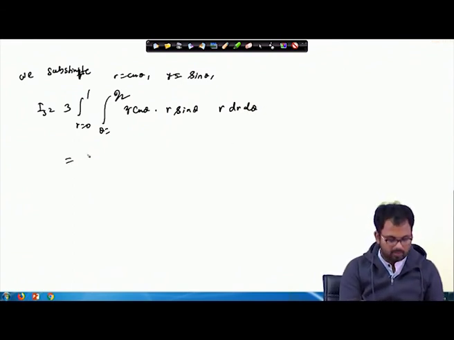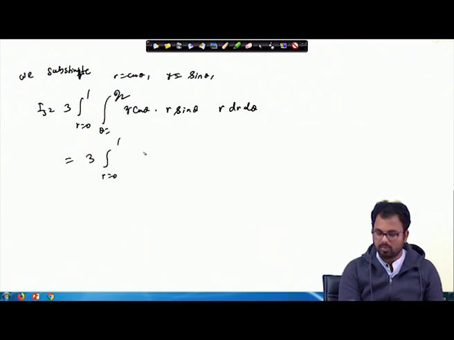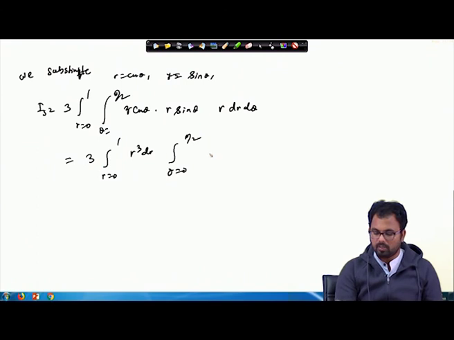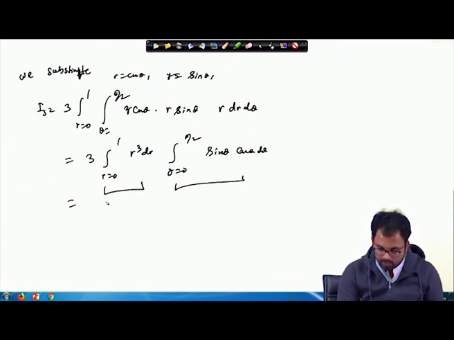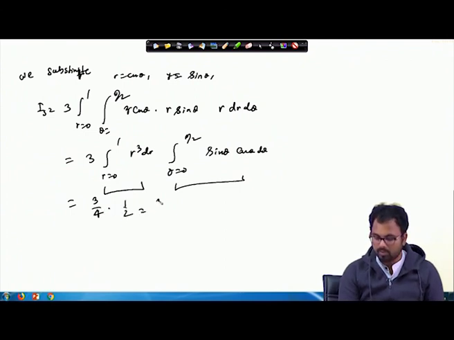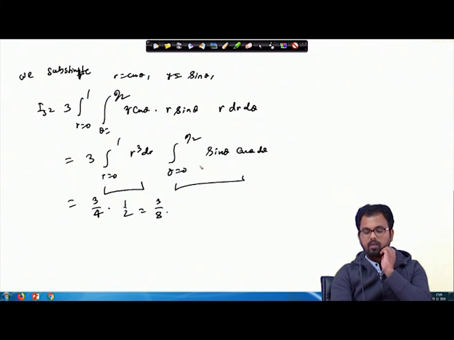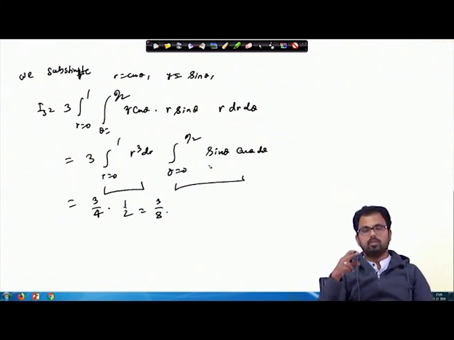If you multiply this whole thing and take the terms for r on one side, r running from 0 to 1, this will be r cube dr, and theta running from 0 to pi by 2, sin theta cos theta d theta. We integrate this and this, and this will give us 3 by 4 times half, which is ultimately 3 by 8. We adjust half with 2 here, and then we do sin 2 theta and all that. So, this is the required answer.